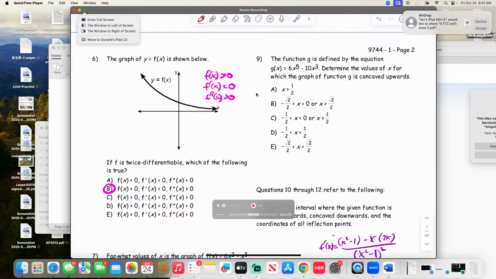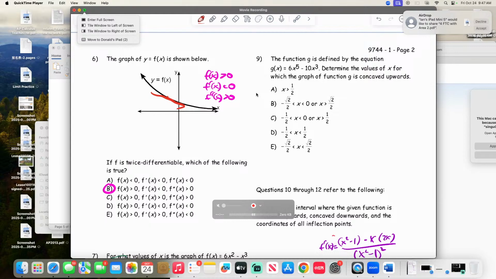This particular question: f of x is above the x-axis. f prime of x is decreasing because it's going down. f double prime of x is positive because if I draw a tangent line, this is concave up, a smiley face.